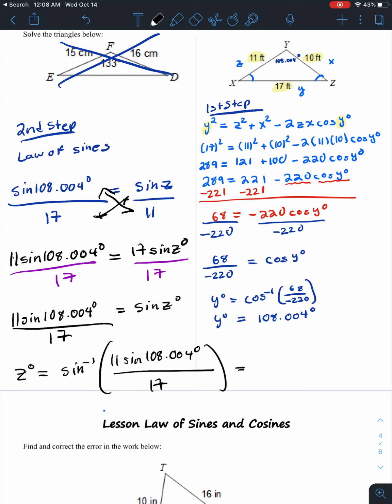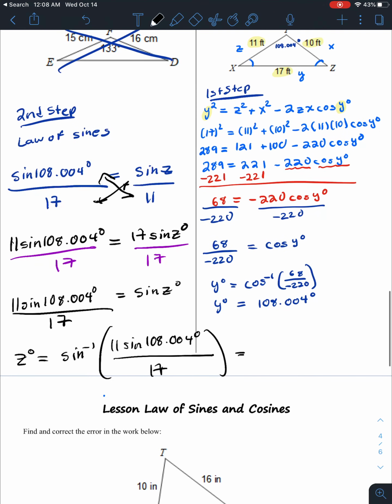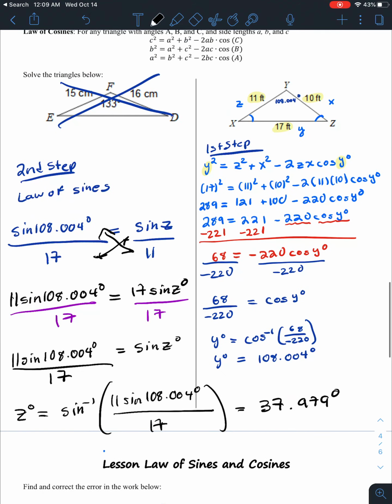Using a phone is doable, it's just a little bit more involved. And when we do this, we're going to get 37.979 degrees for Z. I'm not going to write that here just because I'm running out of space, but I hope you see that we solved for Z.